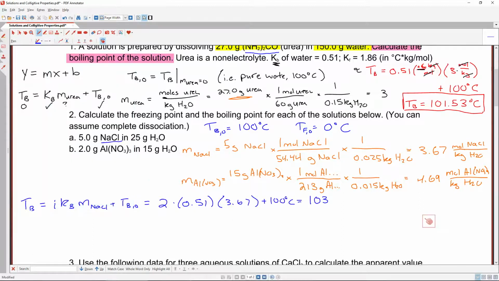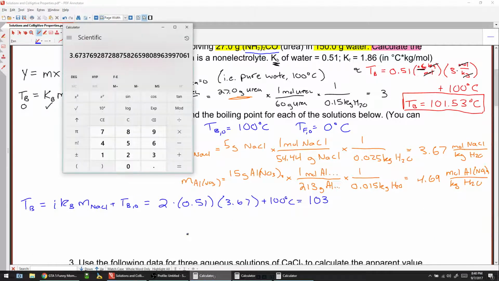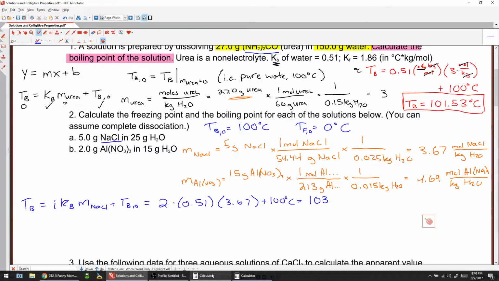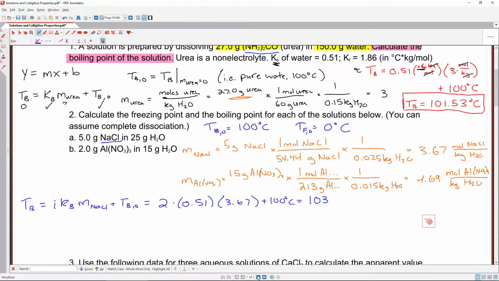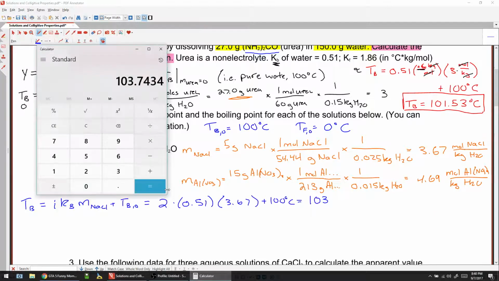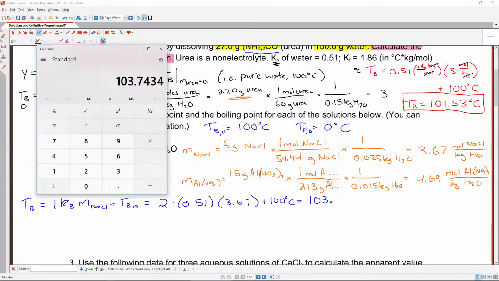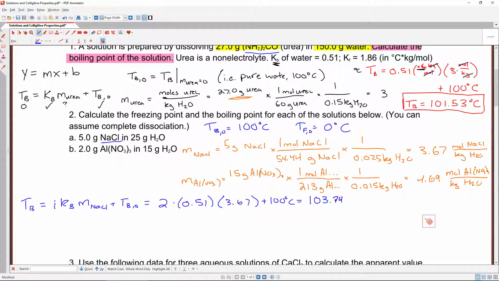Have I been opening up a new calculator every single time? Oh gosh. 103.7. Now, admittedly, I am ignoring sig figs completely. Yeah, I'm ignoring sig figs.